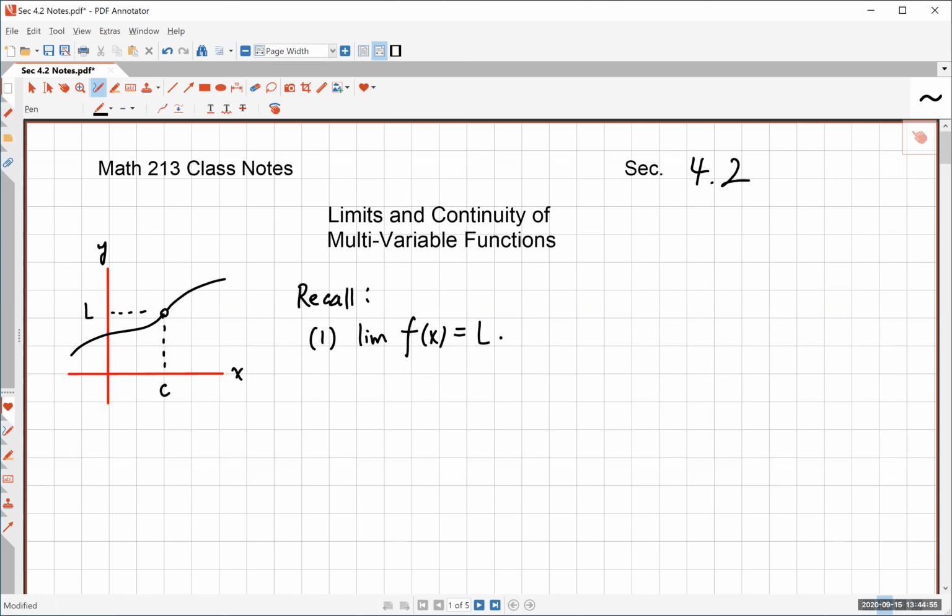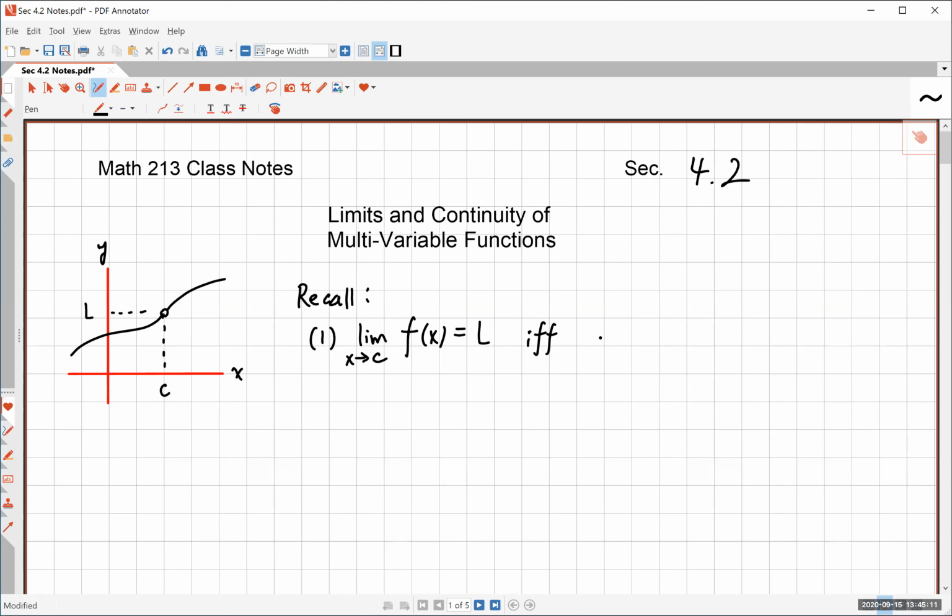We say the limit of f of x as x approaches c is equal to L if and only if. For any definition, because it's a defining characteristic, you should say if and only if. It should go both directions, right?